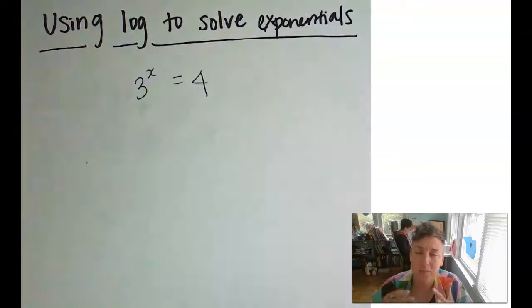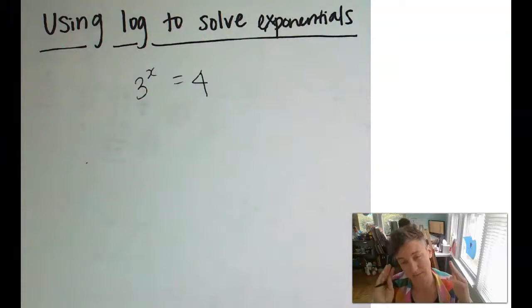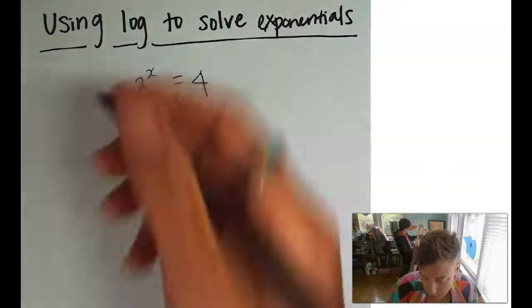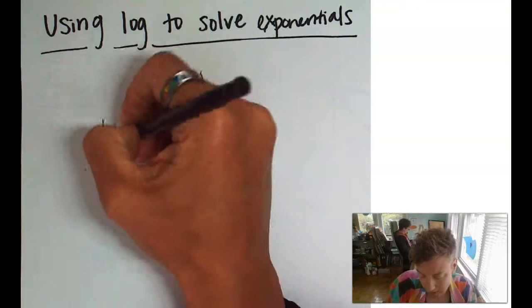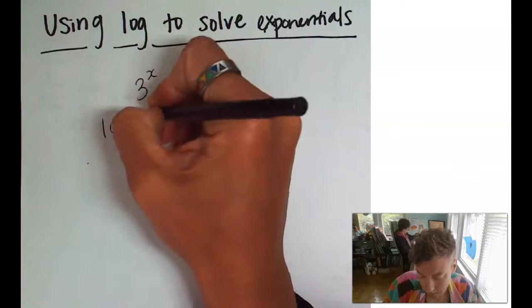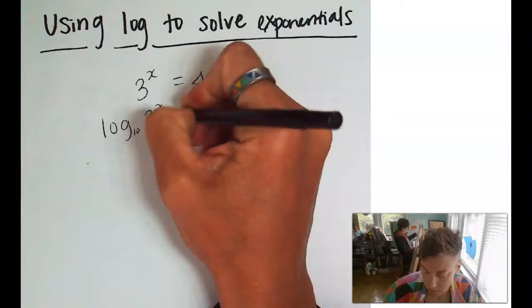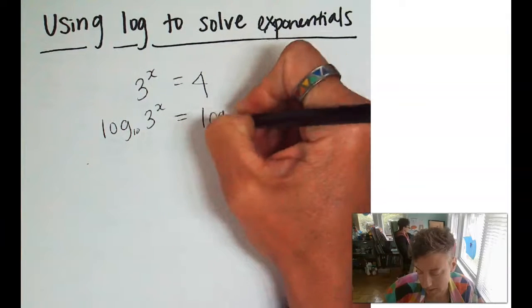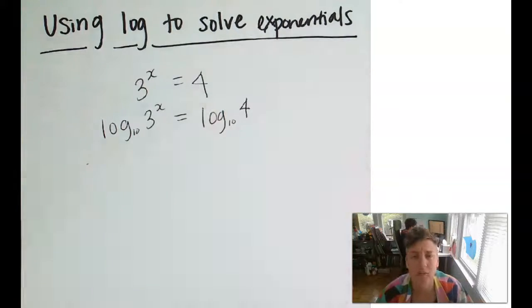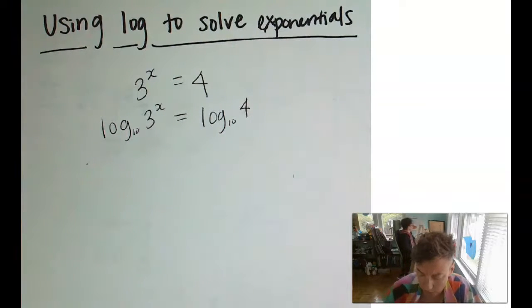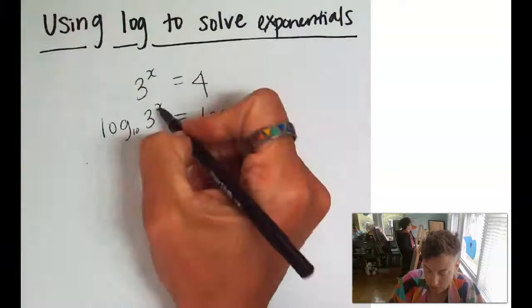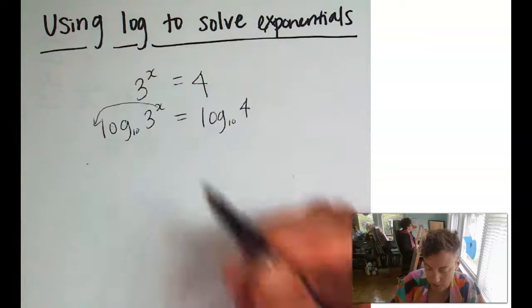We're going to take the log base 10 of both sides because that's what your calculator will default to. So we'll take the log base 10 of 3 to the x, which will be equal to the log base 10 of 4. And then we remember that we can bring this exponent out in front.